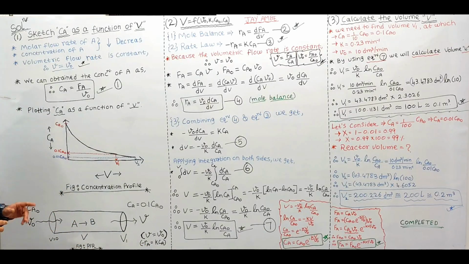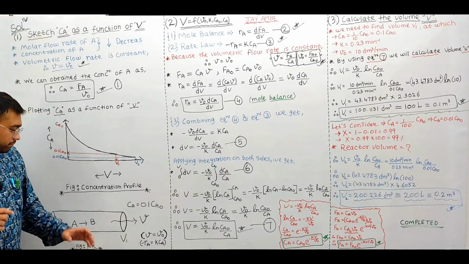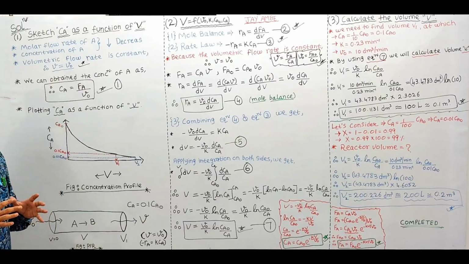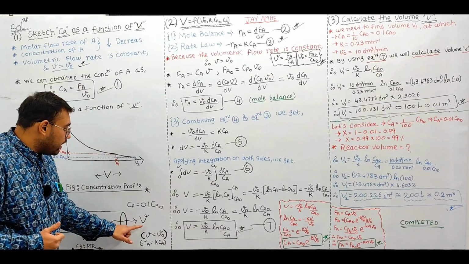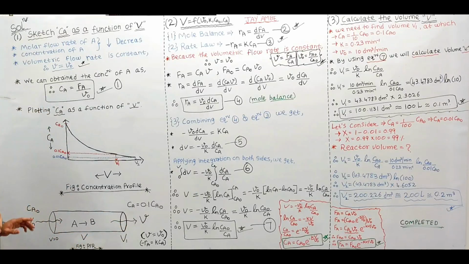So we are carrying out a first order liquid phase irreversible reaction by using the plug flow reactor, where the volumetric flow rates are constant, which means the exit volumetric flow rate is denoted by nu, and the inlet volumetric flow rate, which is entering the plug flow reactor via the inlet stream, is indicated by nu naught, right? First of all, we'll understand the diagram.